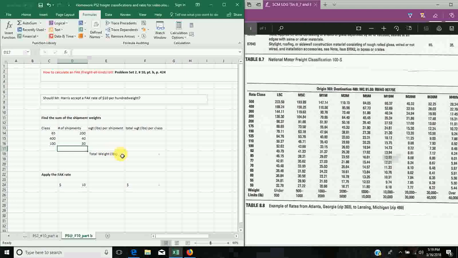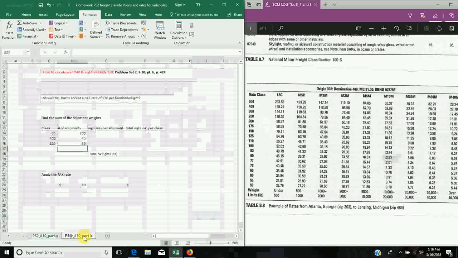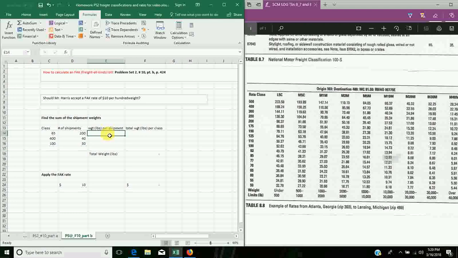And we have to figure out how much weight there is per shipment. Well, we know that the Class 65 is 5,000, the Class 400 is 1,200, and the Class 100 is 10,000. So we'll just put those numbers in here: 5,000, 1,200, and 10,000.